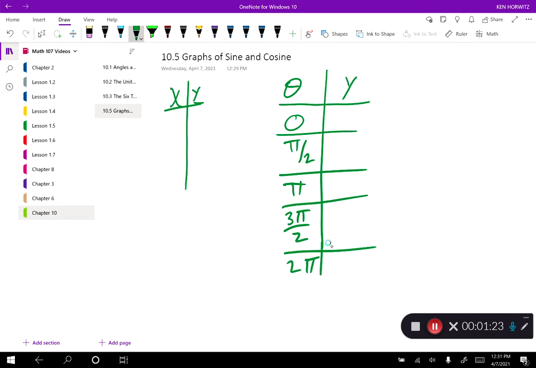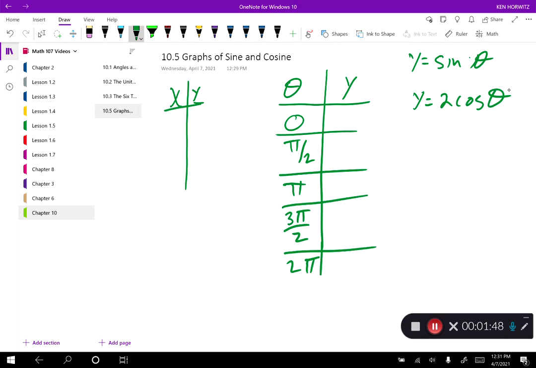It could be something like Y equals sine theta, or Y equals cosine theta. There's an infinite number of equations that we can graph, not necessarily always using these points, but using a table.